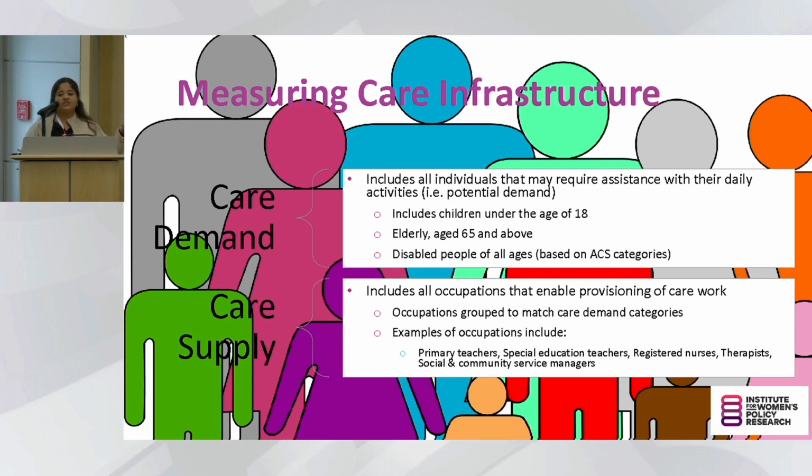First, children aged under 18. Then elderly individuals aged 65 and above. And thirdly, a category for disabled people of all ages. In the first two categories, we're not including disabled individuals. We only include those in the last category.